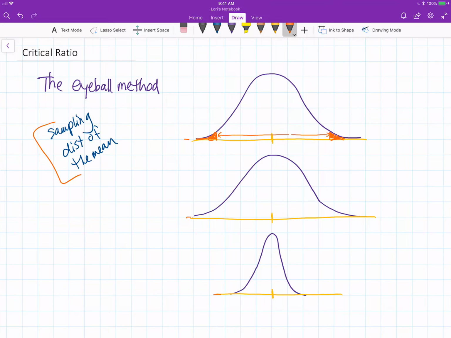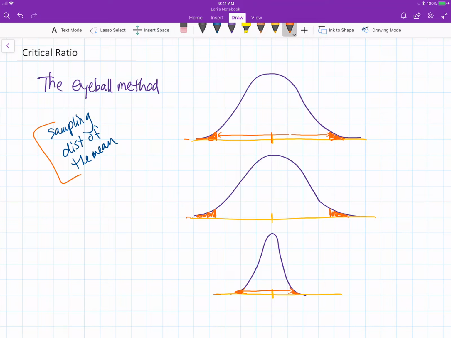We could do that for all of these, and we'll make these two more or less equal. We'll just follow this down. And then this one's quite a bit narrower. And so here we have that little 2.5% and another little 2.5% over here. But here's our 95% confidence interval.